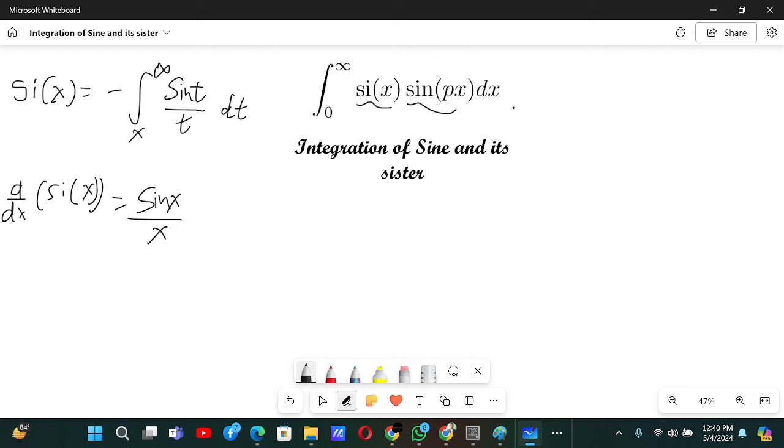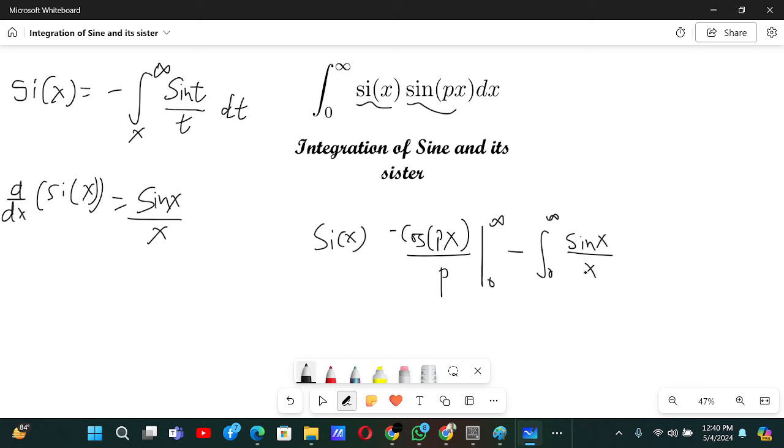Okay, so we'll basically try to do integration by parts. Si of x, let's use this as u and this as v, and this is minus cos px by p from 0 to infinity minus integral from 0 to infinity. Its derivative, we know that it's just sin x by x, and then its integral will be minus cos px by p dx.